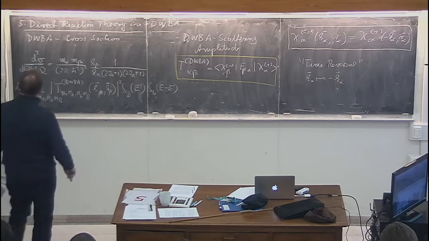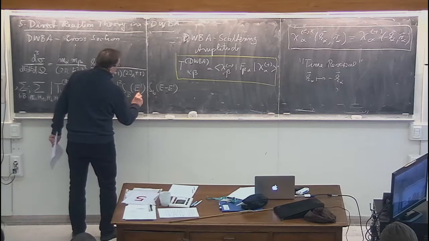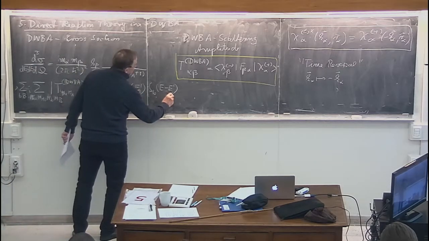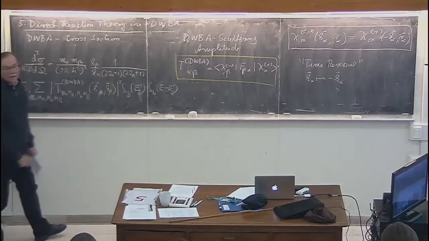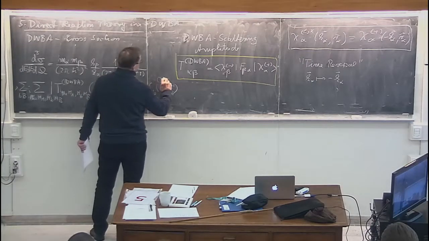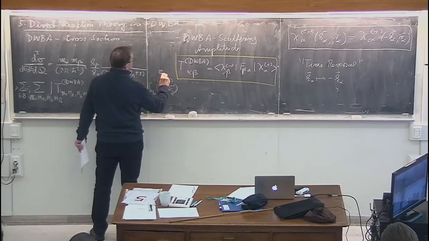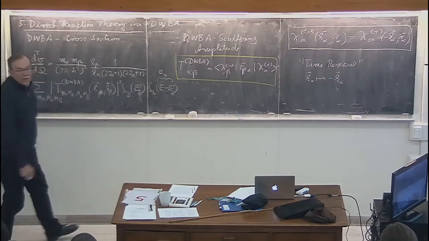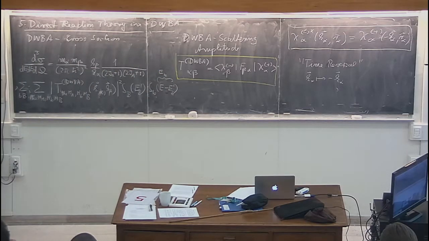E prime, that is the excitation energy in the B system. And that here in total is the excitation energy in the projectile system.